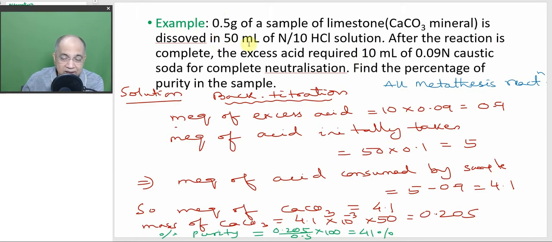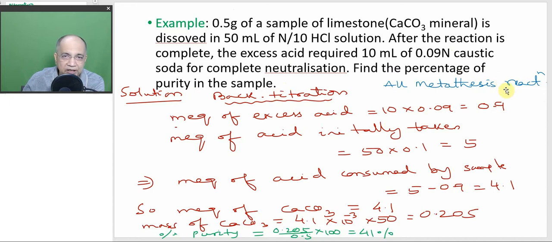Now this is the excess reactant, excess reagent, and whatever calcium carbonate is present in this 0.5 gram, that's the limiting reactant. So after the reaction is complete, the excess acid required, this is back titration, the excess acid required 10 ml of 0.09 N caustic soda for complete neutralization. Find the percentage of purity in the sample.